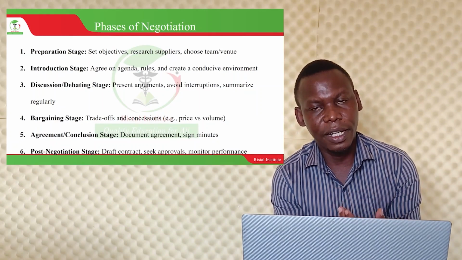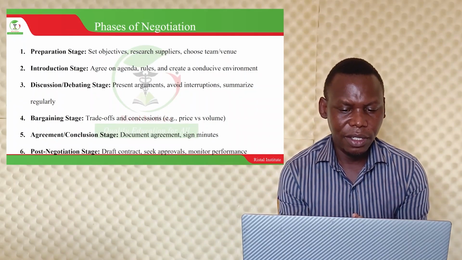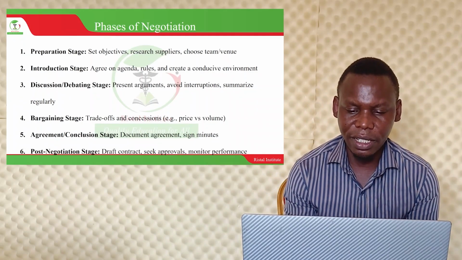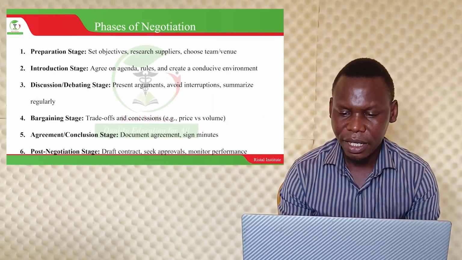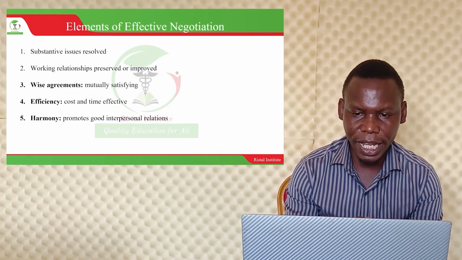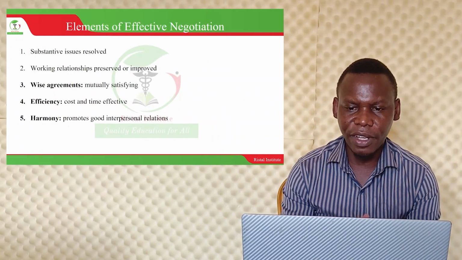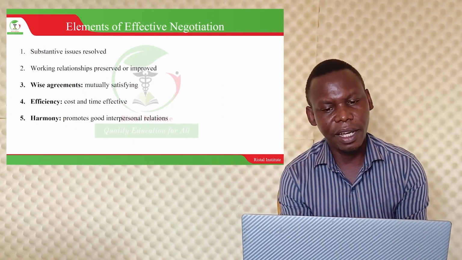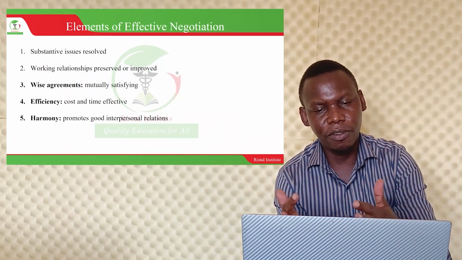This is the last stage, whereby after the negotiation, you have reached an agreement. Let's assume an agreement has been reached, and it's a win-win negotiation. Then a contract is drafted. Then maybe approvals may be needed from the higher management. Then performance is monitored. Lastly, elements of an effective negotiation. We have looked at all this process and I have mentioned a lot of points.